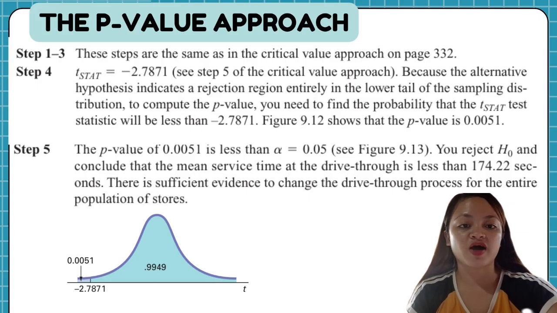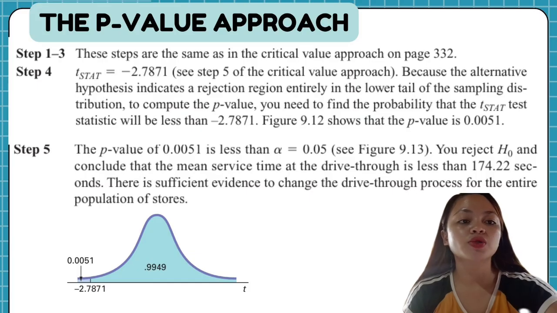Next is step 5. Finally, we compare the p-value to the significance level. Since 0.0051 is less than 0.05, we reject the null hypothesis. This means there is strong evidence that the average drive-through time is actually less than 174.22 seconds. Therefore, we conclude that the current service time is significantly lower, and it is reasonable to consider making changes based on this result.